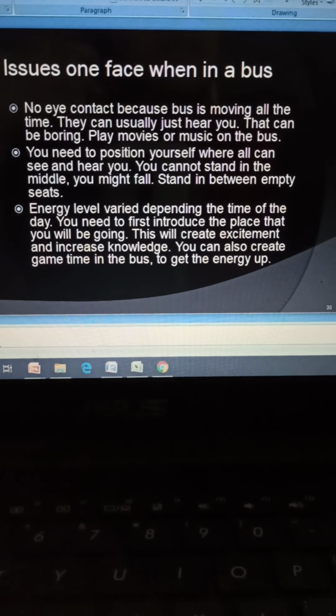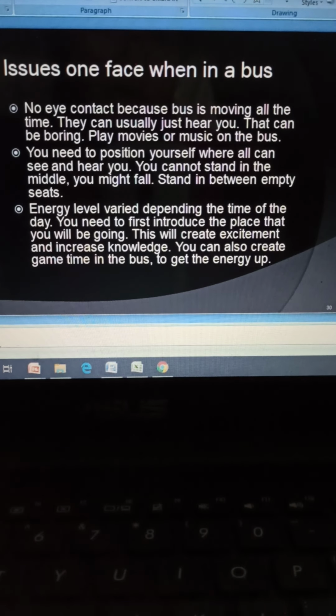Give them that sense of excitement. Tell them a little bit about what the place has. Maybe if you're taking them to a theme park, tell them there are 33 rides, so it gives them that excitement.